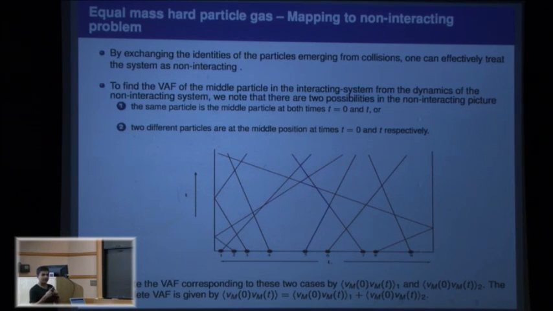So when I calculate the velocity autocorrelation function using the non-interacting system, there are these two situations, and I can calculate the velocity autocorrelation by summing these two possibilities. Okay, so this is the contribution from the case where the same particle continues to be the middle particle, and this is a contribution which comes from some other particle becoming the middle particle at time t.